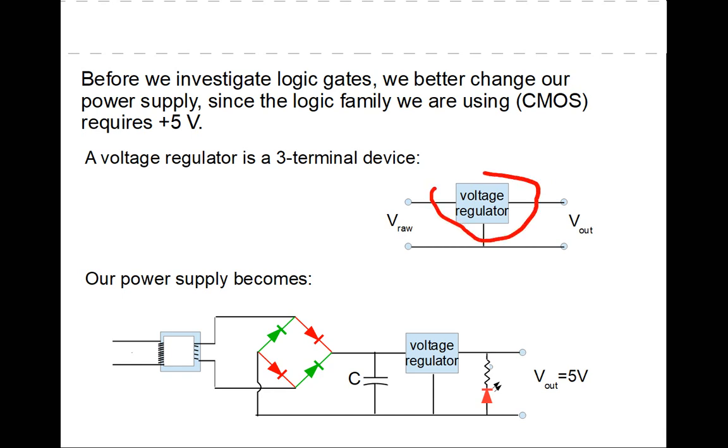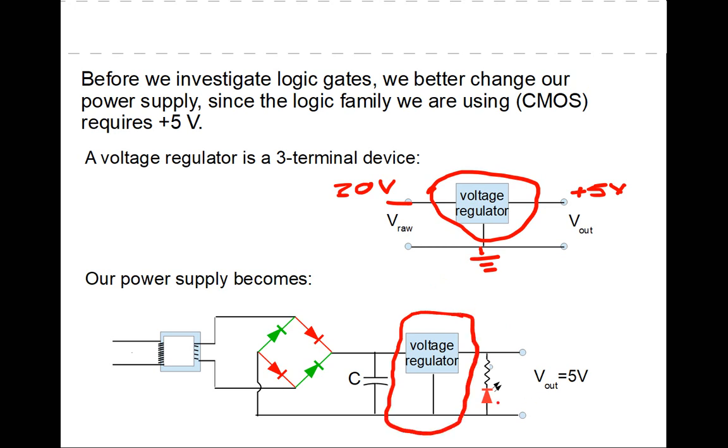So the voltage regulator is here, and all it says is it has one terminal for the 20 volts in our case, and then it'll have one terminal for the output, and we're going to have a 5-volt regulator. So 5 volts out here, and then of course you have to attach everything to ground. So the voltage regulator would replace the transistor, the resistor, and the Zener diode in one package here, which is kind of cool.